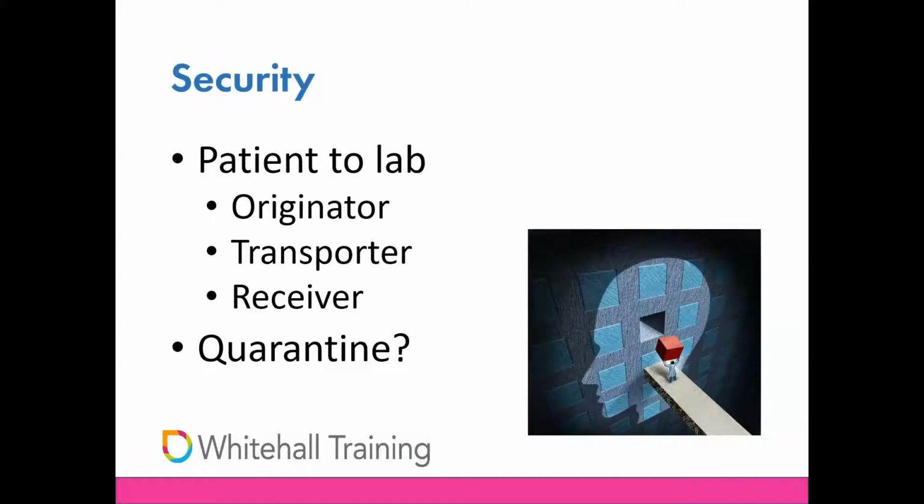So I've split things into originator, transporter, and receiver. In terms of the originator, samples need to be labelled so they can be unambiguously identified, and there needs to be a system in place to track samples from their arrival to analysis or evaluation.